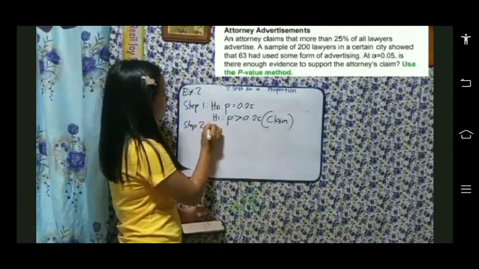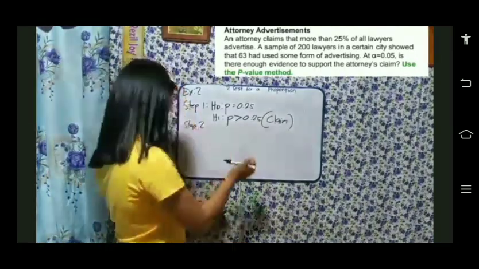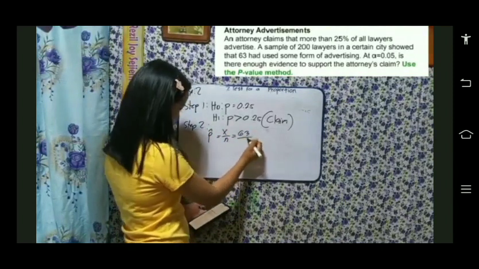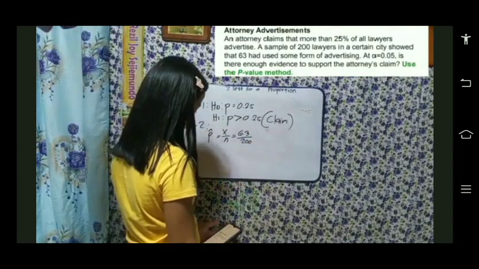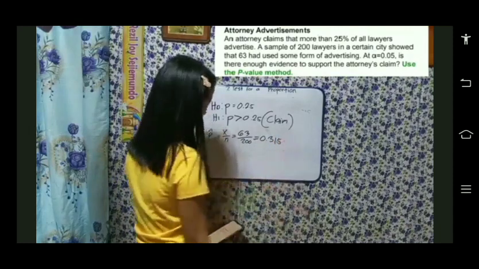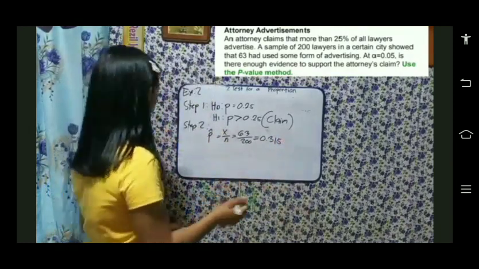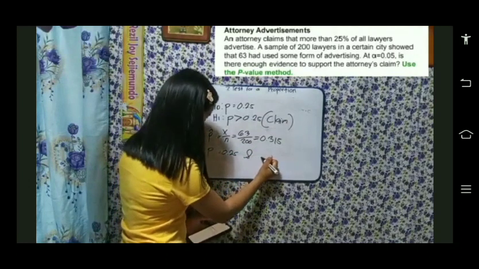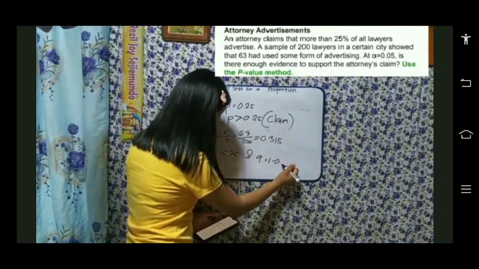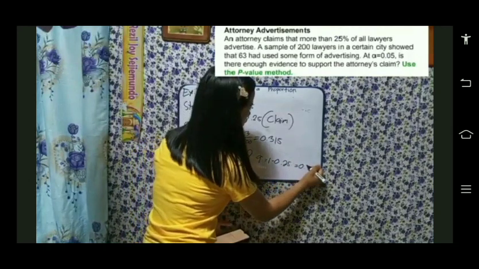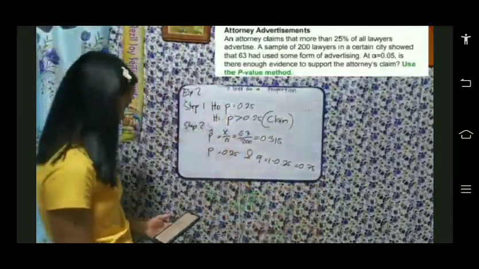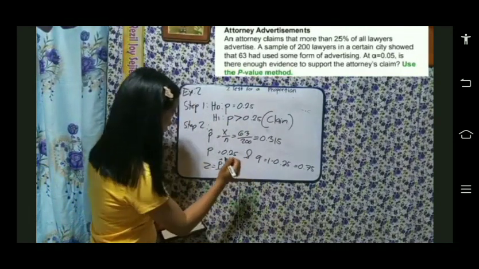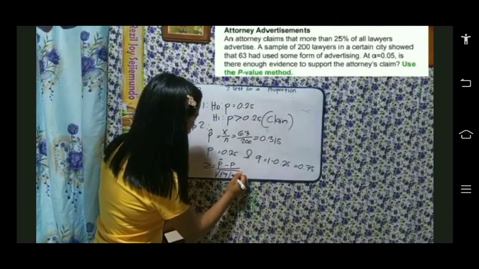Step 2 is to compute the test value. So p hat equals x over n equals 63 over 200 equals 0.315, and p equals 0.25, and q equals 0.75, and z equals p hat minus p over the square root of pq over n.